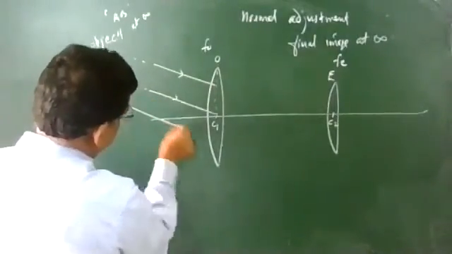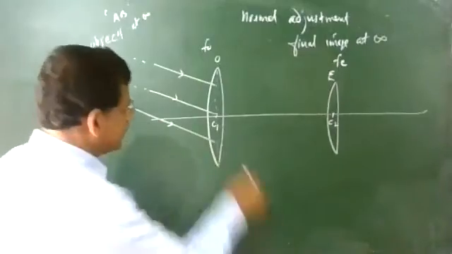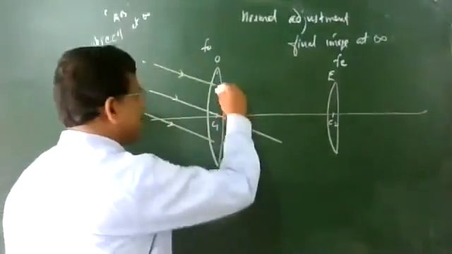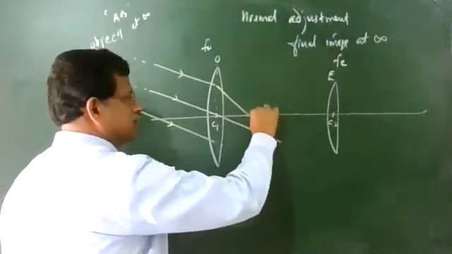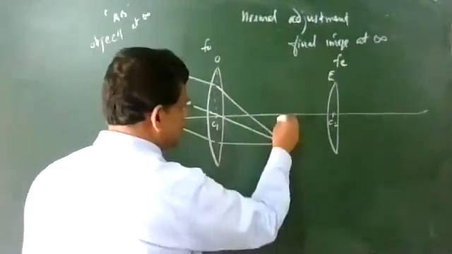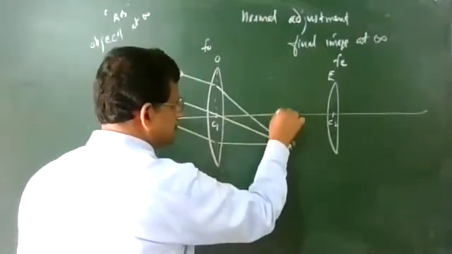And they are coming here. This ray going through the optical center goes without any deviation, and from here after refraction it comes to this point. So we are getting the image A'B' at the focus.